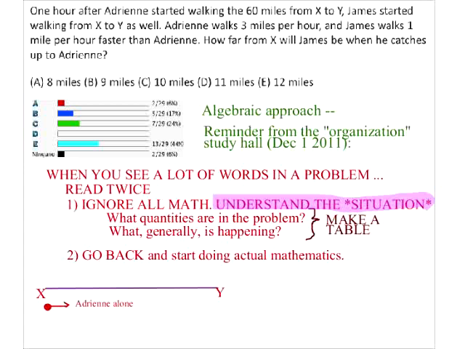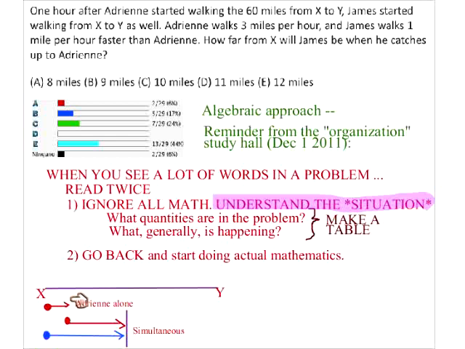And then once she reaches a certain point, James starts walking. So she's here, James is here, and then they get to the same point because James is walking faster. And this is what's happening in the problem. So this is the situation. So these walks here are simultaneous, but first, Adrian gets a head start because she walks by herself.